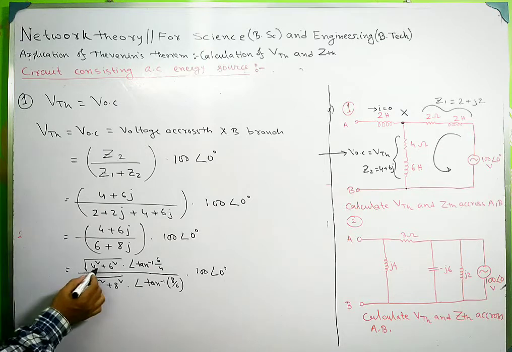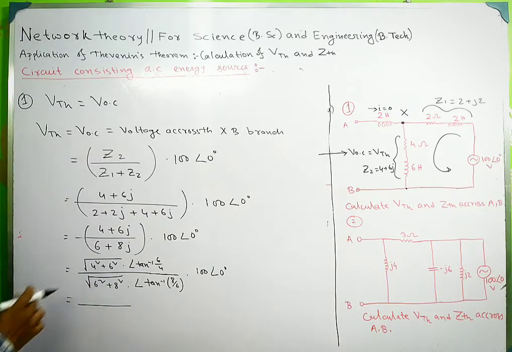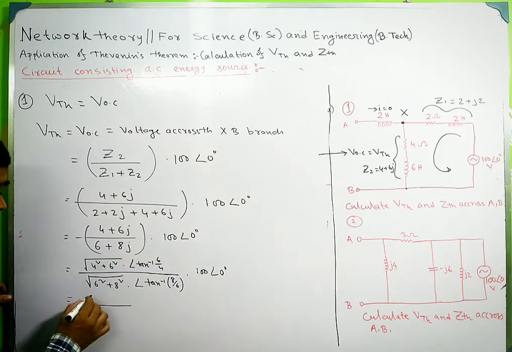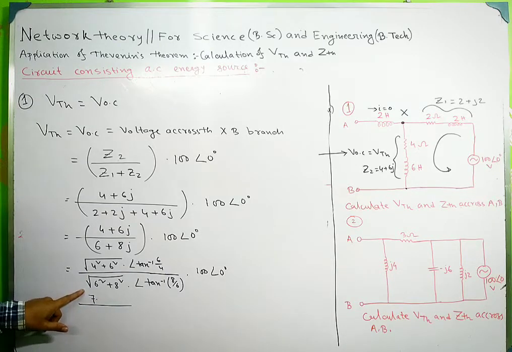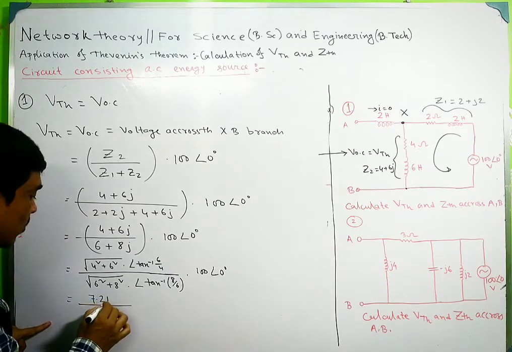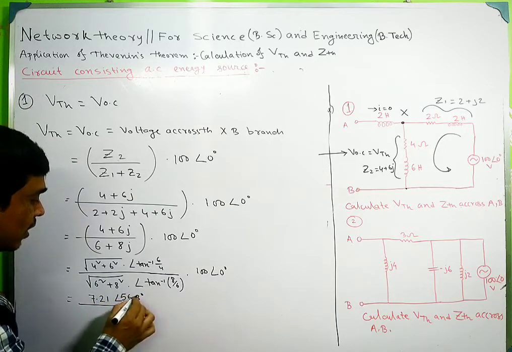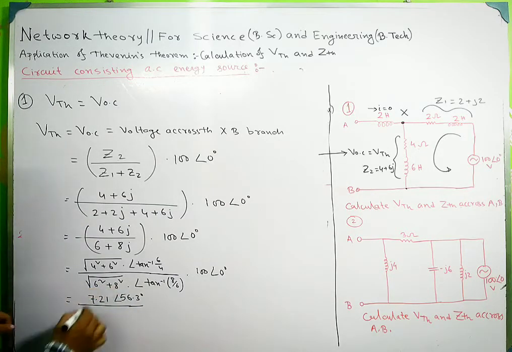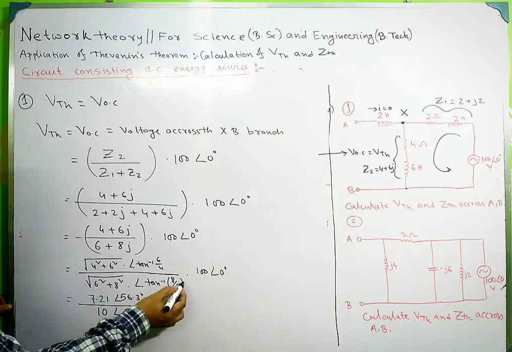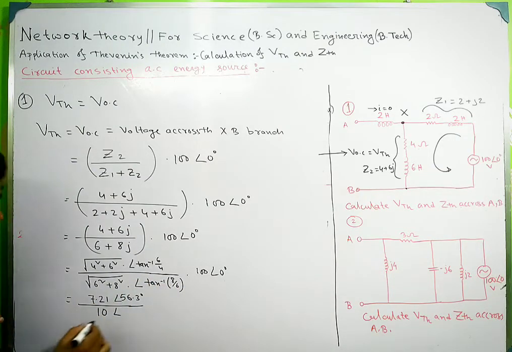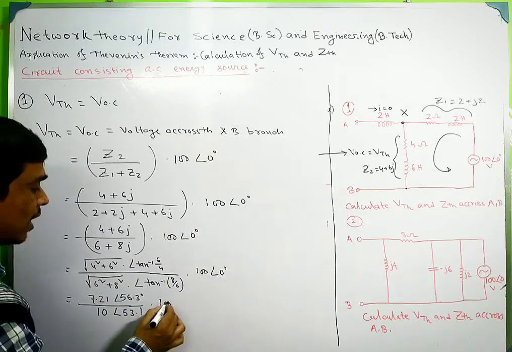So what will be the value? 16 plus 36, if you calculate, it will be 7.21, and tan inverse 6 by 4 will be 56.3 degrees. And the denominator is 10, and tan inverse 8 by 6 will be 53.1 degrees, multiplied by 100 angle 0 degrees.